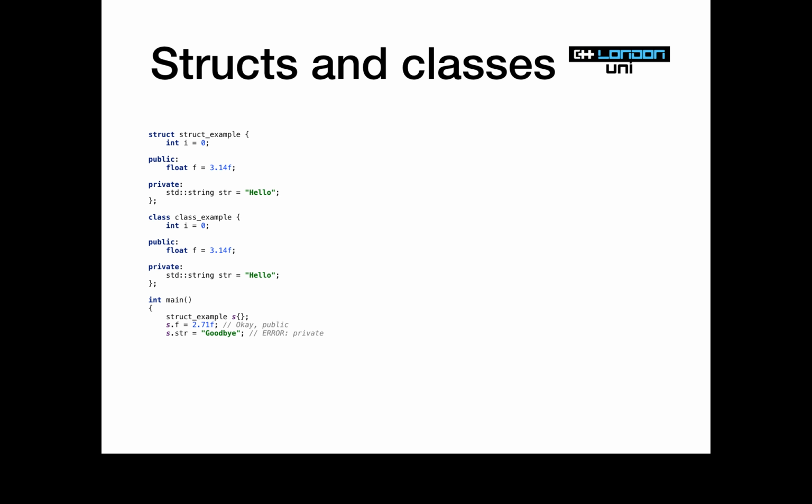Last week I was talking about aggregates, and I mentioned in passing that an aggregate has two conditions, well, more than that really, but two that we're worried about now. One is that it has no constructors, and secondly that it has only public members. Now in this case we have a private member, so this thing is not an aggregate, and yet I've default constructed it here. How has that happened?